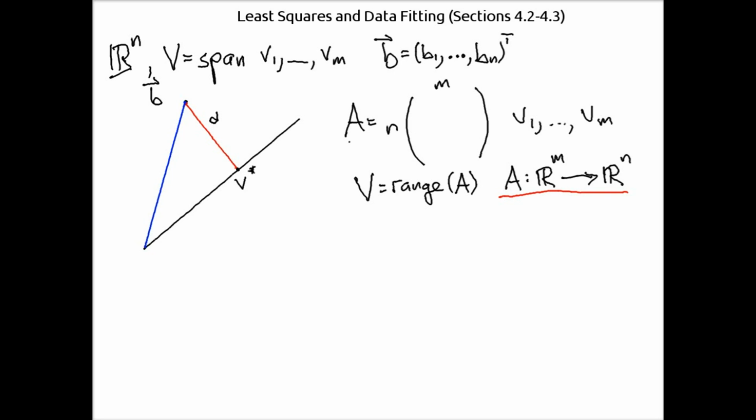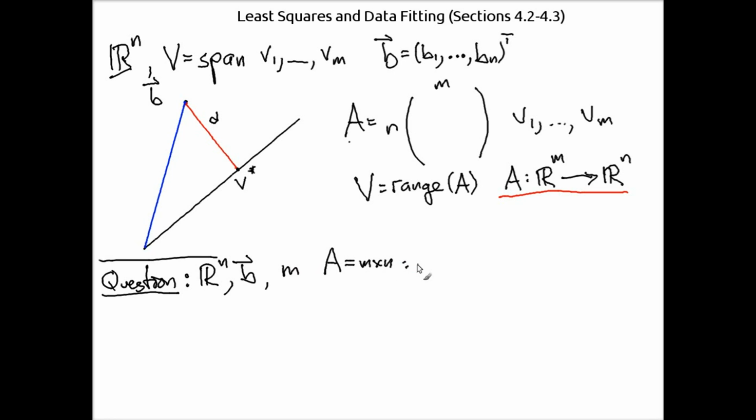So let's just restate this problem very slightly as follows. I'll state it sort of from scratch. We're working in Rn, and we're given a vector b in Rn. And I also have some m, and I have an n by m matrix A, which I'm thinking of as mapping Rm to Rn.